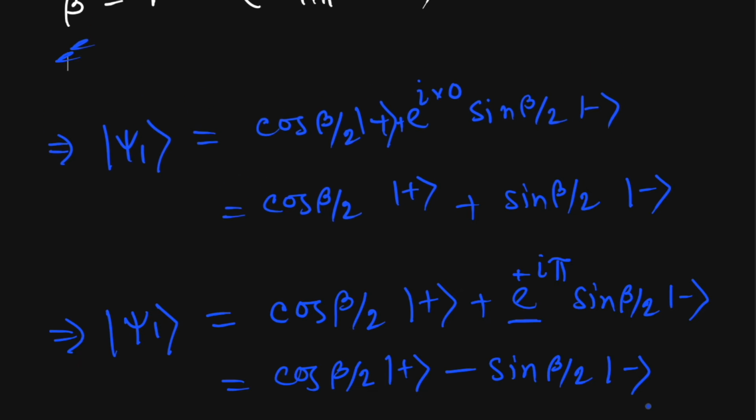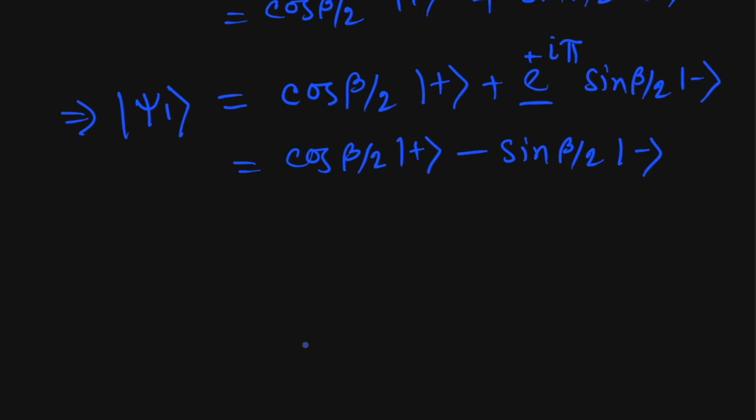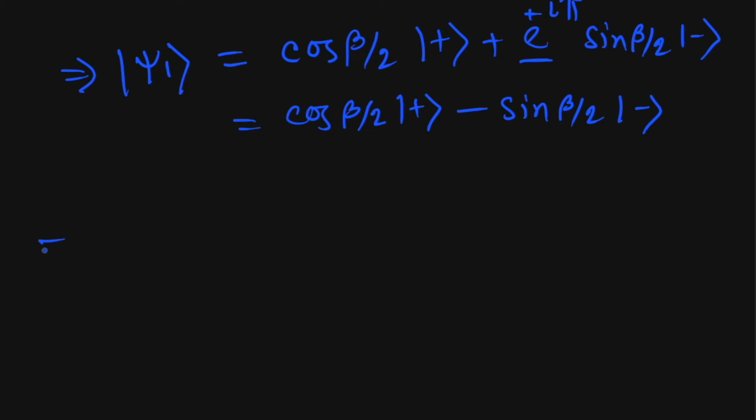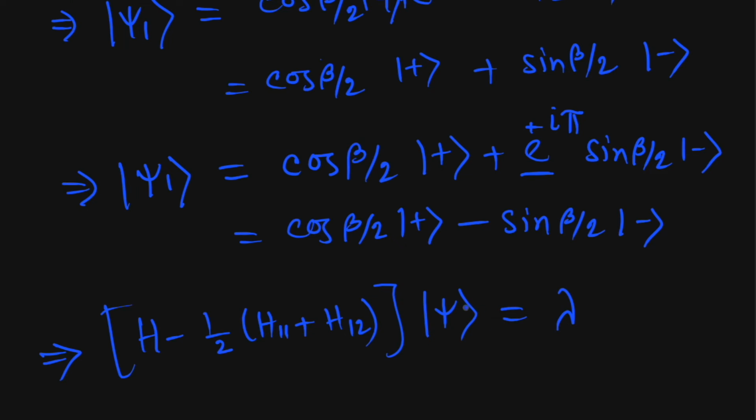Now these are the eigenvectors of the operator H minus half (H11 + H22) identity. That means we have to calculate the eigenvalue.